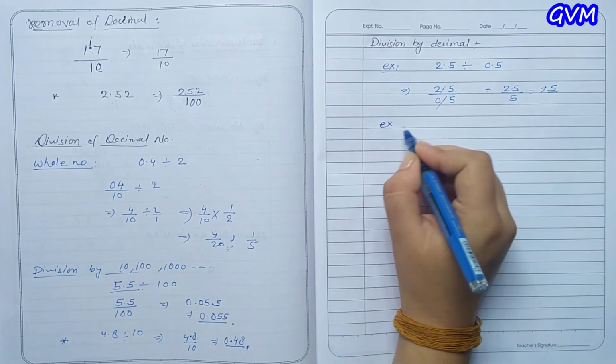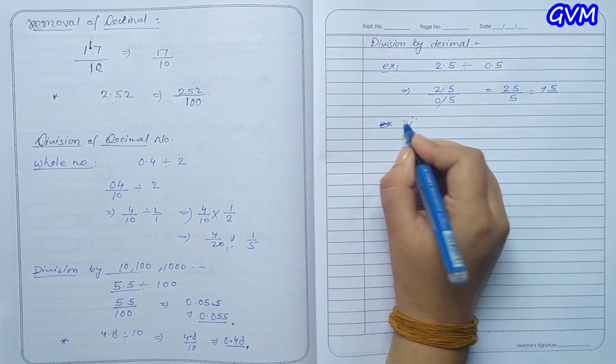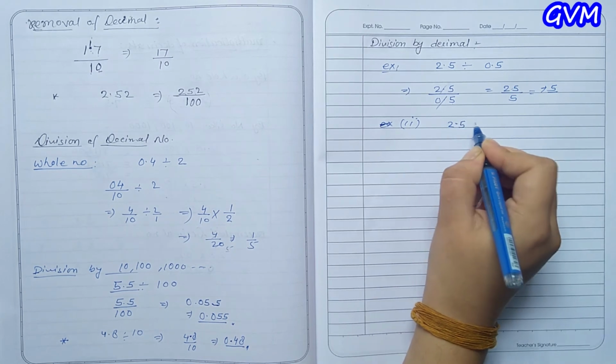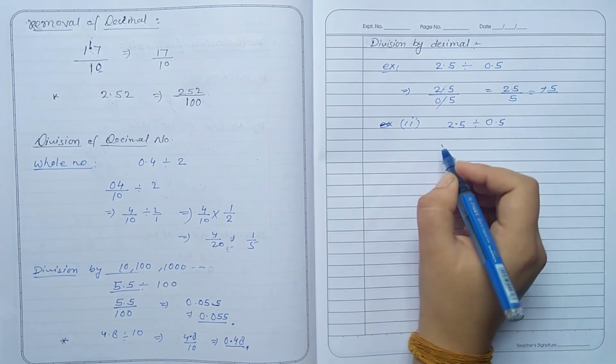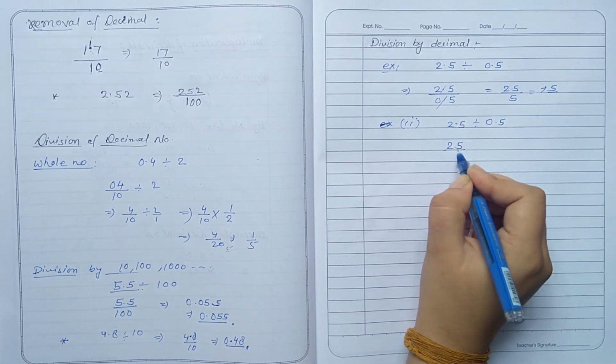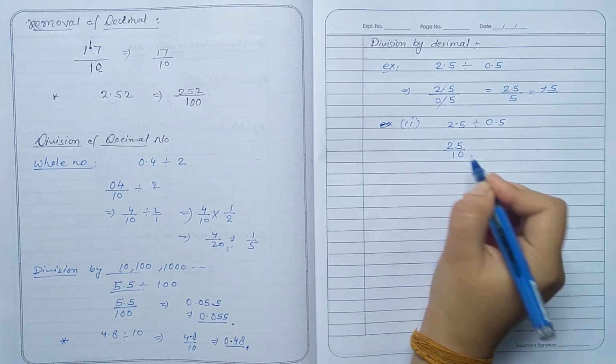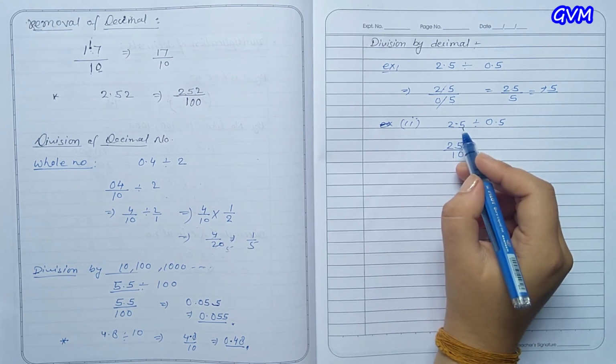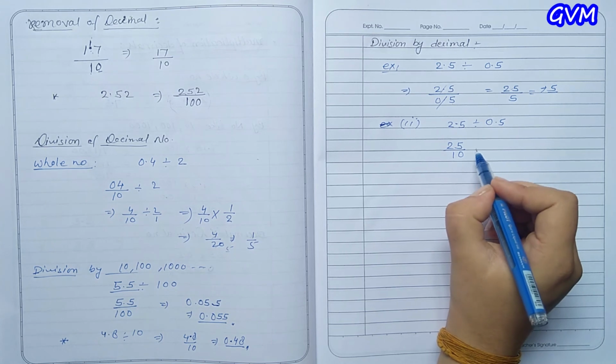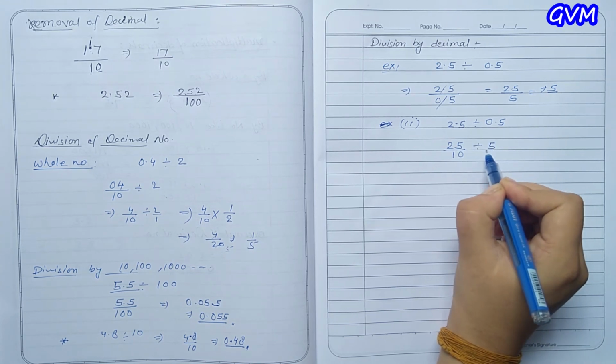Now the next method: 2.5 divided by 0.5. So write 2.5 as 25 upon 10. Okay, we have changed it into a fraction and divide by 5 upon 10.